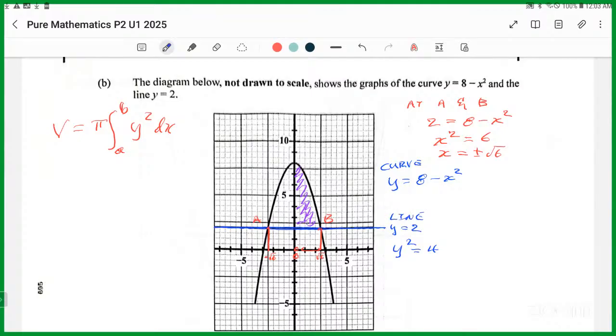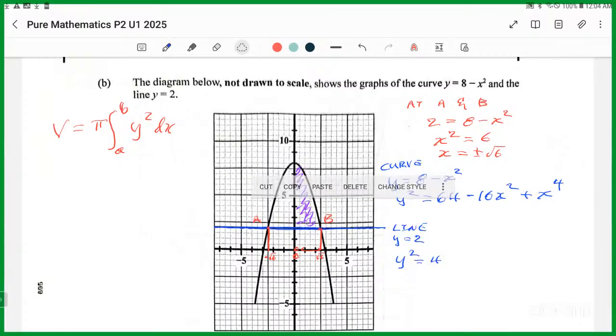For the curve, the y squared is going to be 64, then twice 8 times x squared is 16x squared, so 64 minus 16x squared, and then this squared gives x to the 4th power.